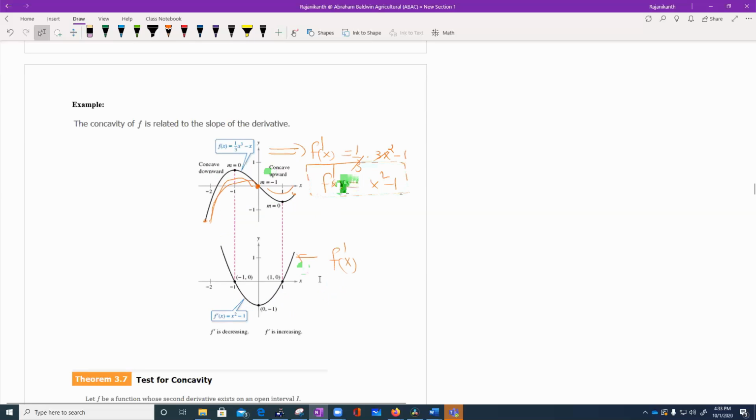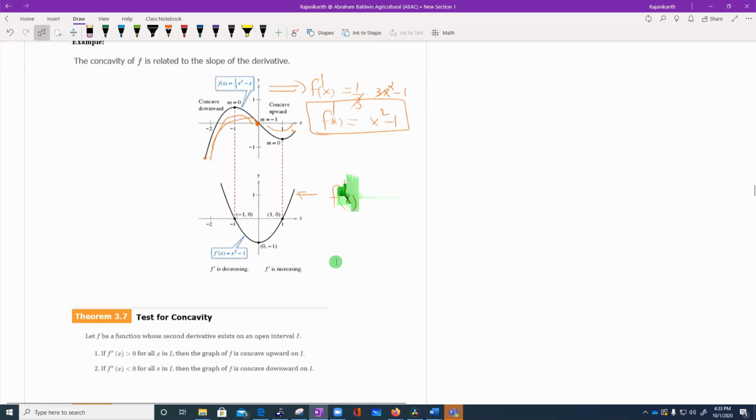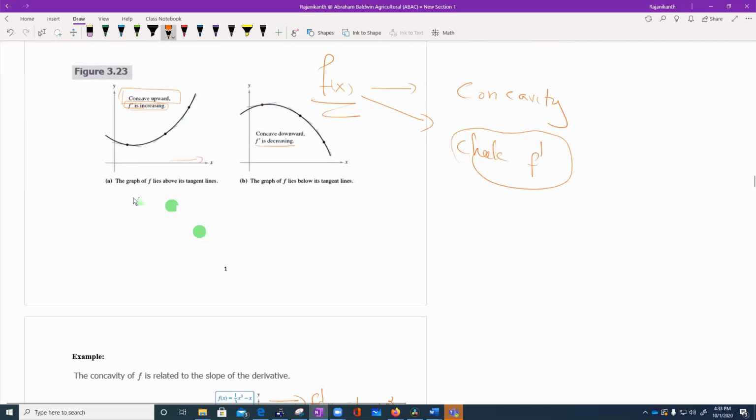Now this picture gives a clearer view of the connection between the concavity and the first derivative. From here to this point, right? You see my f prime x function is going down, right? Decreasing, decreasing, decreasing. Up to this point, f prime x is decreasing, right? We all know that if f prime x is decreasing, you will have concave down.